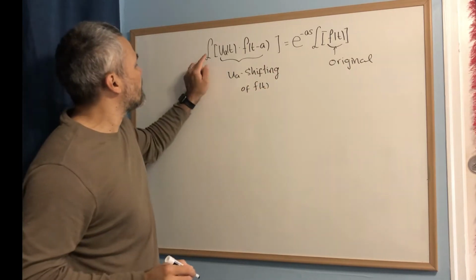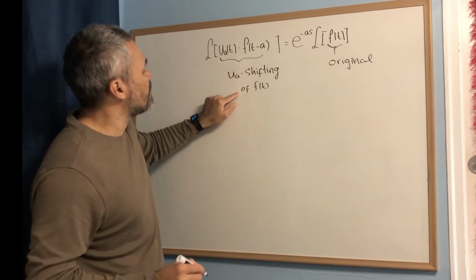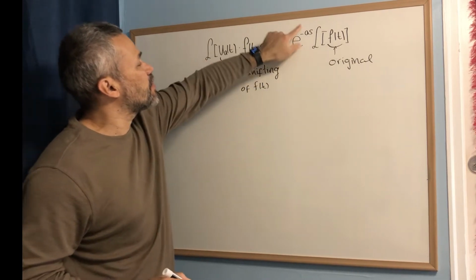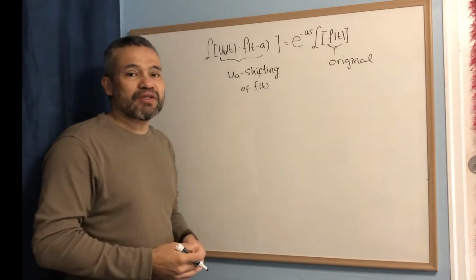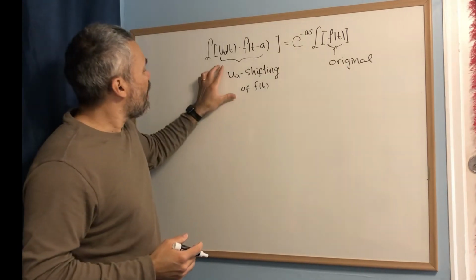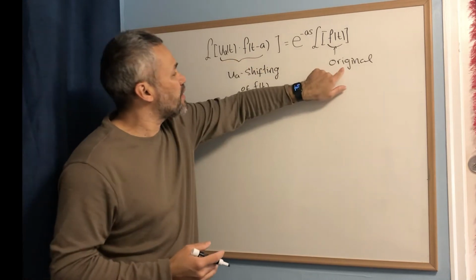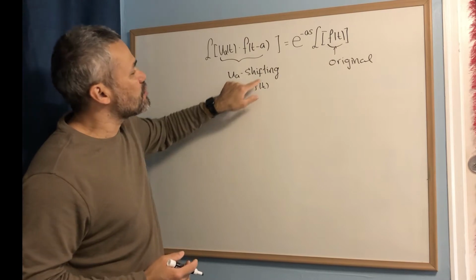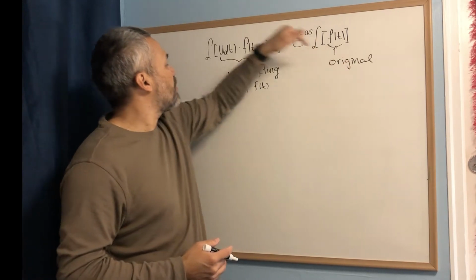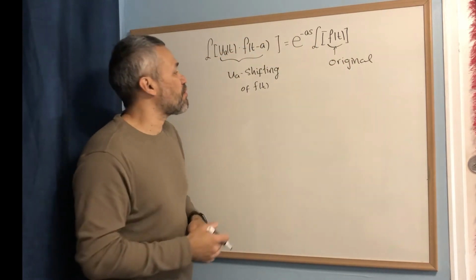Then this formula says that the Laplace transform of the UA shifting of f of t is equal to e to the negative as Laplace transform of the original. And something that we will need to do is to know how to find out the original if we have the UA shifting of the function, and if we have the original, how to find this. Then we have to go back and forth.